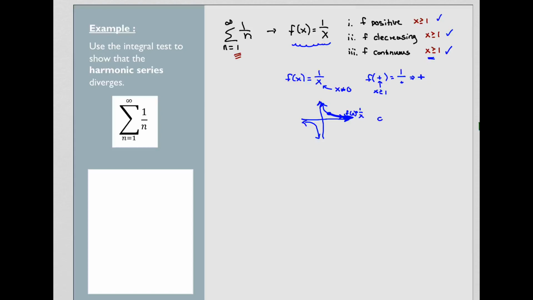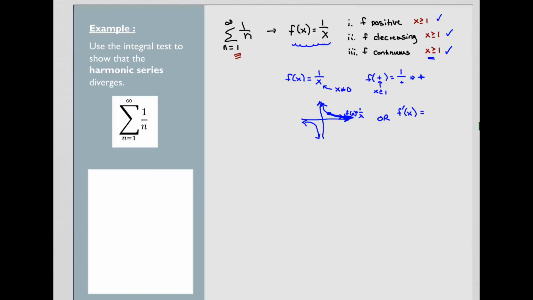If we don't have that visualization, what's another way? Another way would be to look at the first derivative, right? Recall that if we take a first derivative and it's positive, that means the function is increasing, and if it's negative, that means the function's decreasing. Well, what is the first derivative of 1 over x?